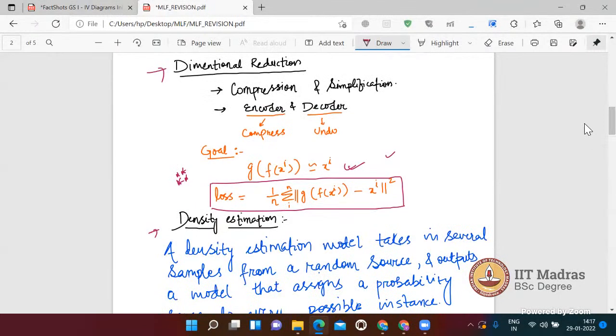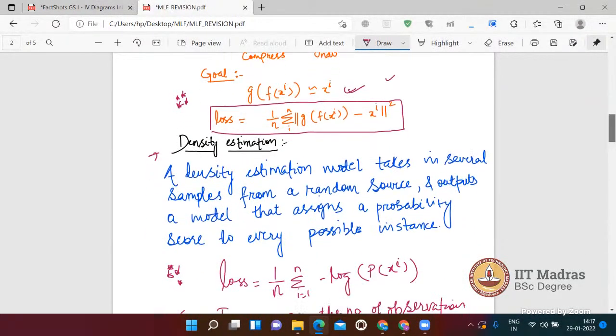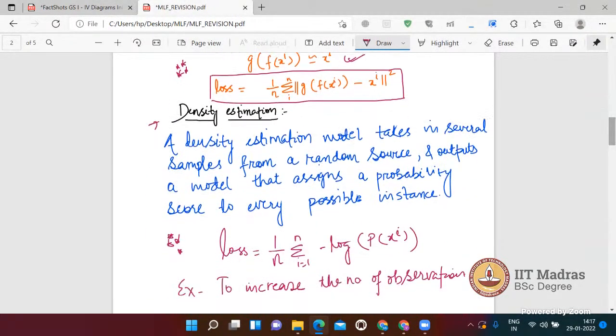And the final thing we studied in unsupervised learning is density estimation. A density estimation model generally takes in several samples from a random source and outputs a model that assigns a probability score to every possible instance.